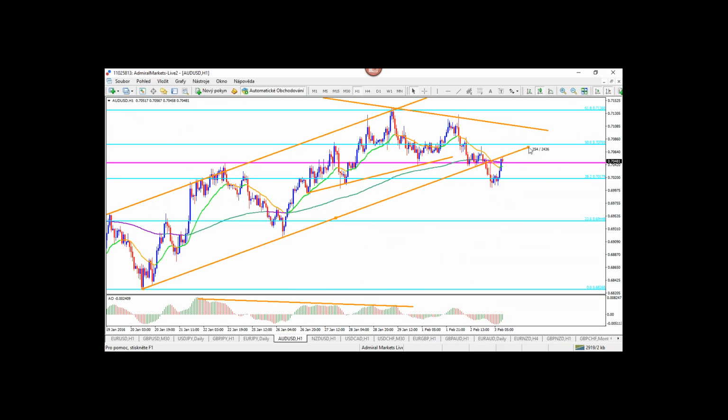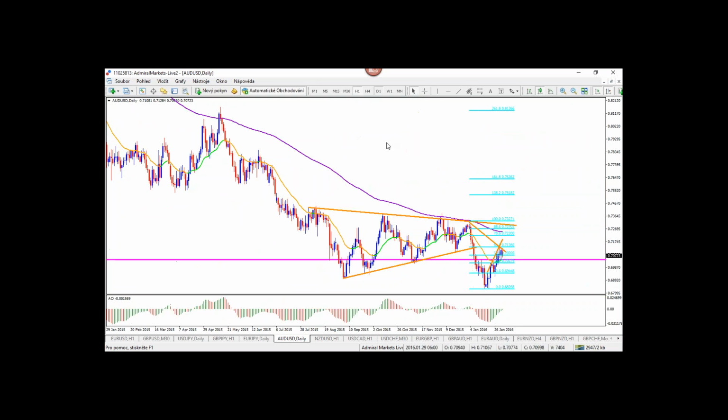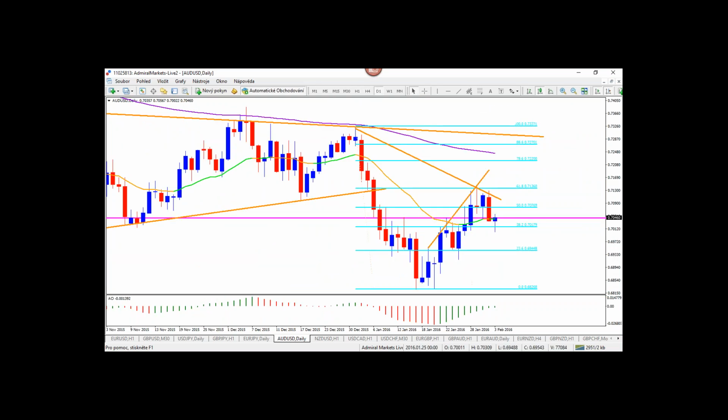On a 1-hour chart, we can see that that's a bit different. We got 4 hits on this one, or 3 hits at least. And we had a break of this trend line as well. And we're below that low that I mentioned, which is an important level. So from that point of view, it looks bearish.